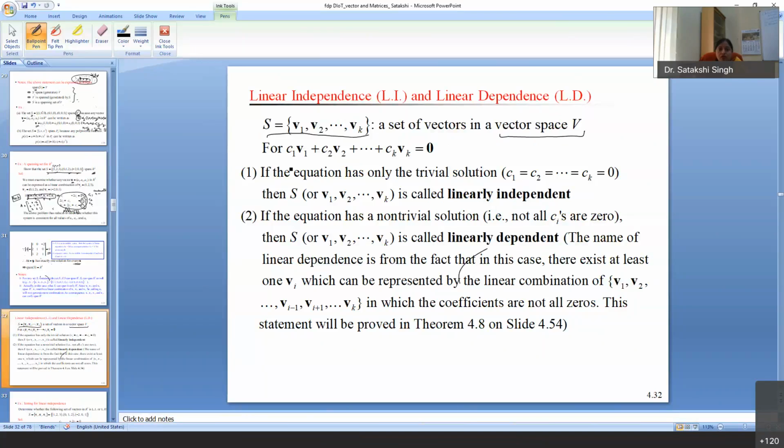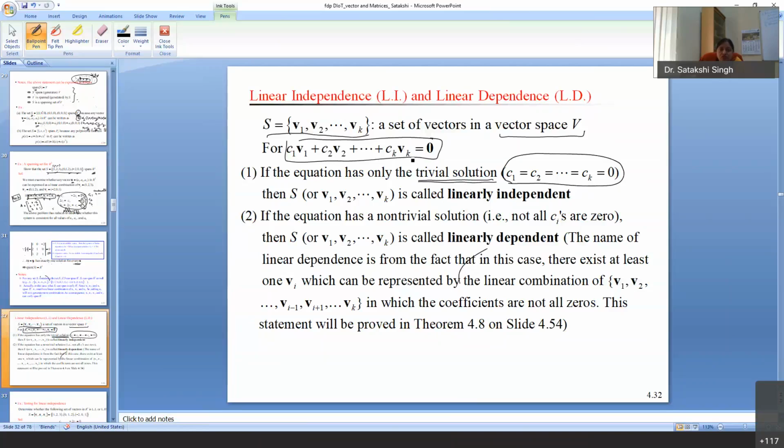Then we write the linear combination of these vectors inside S as c1 v1 plus c2 v2 plus up to ck vk, and put it equal to the zero vector. If this has only the trivial solution, meaning the values of all these scalars are equal to 0, that is called the trivial solution.